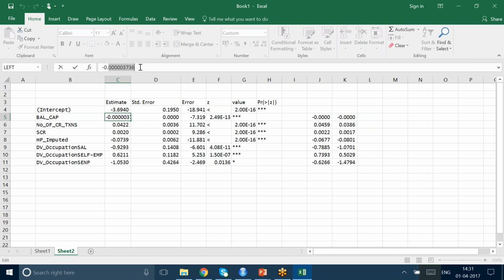Because the balance variable is in lakhs. Are you getting? Because the balance variable is in lakhs. That's why, when the numbers are in lakhs, if you recollect, the balance variable outlier was 12 lakh something. P99 was around 7 lakhs. Right? So if you don't want this beta to come too small, what is the alternative you can do? What option do you have?